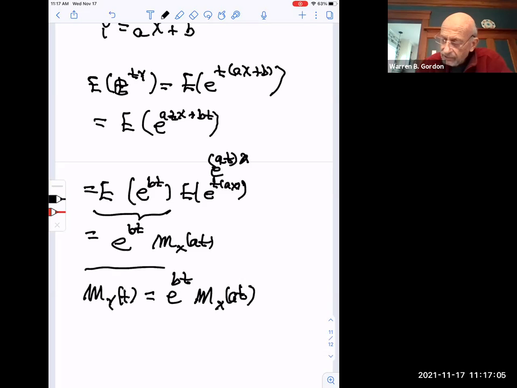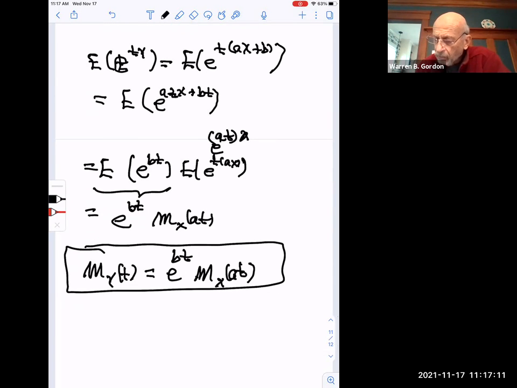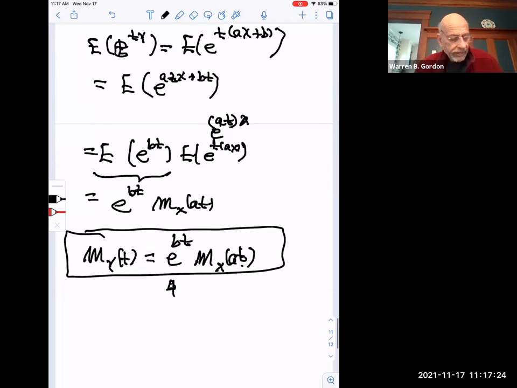So this says if you make a linear change of variables, the moment generating function of y is related to the one of x, this exponential factor out in front, and you take t and you multiply it by a. We'll illustrate that with an example soon enough.